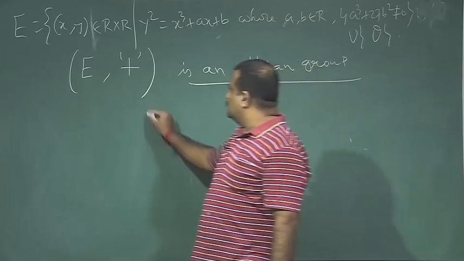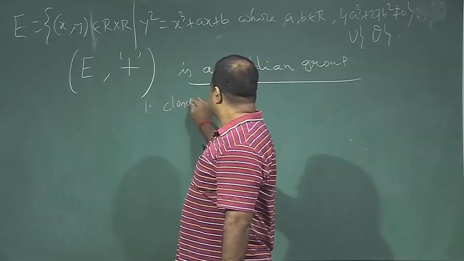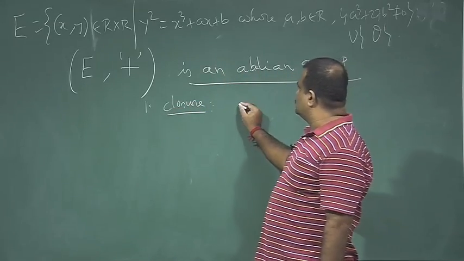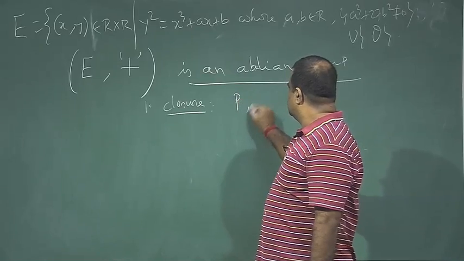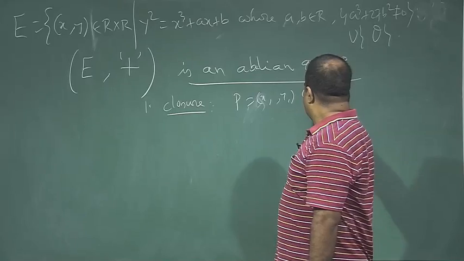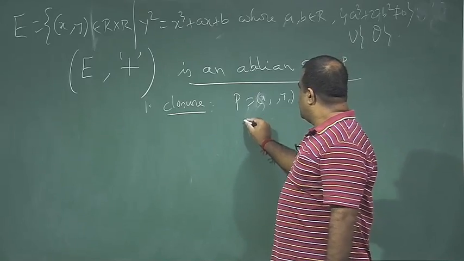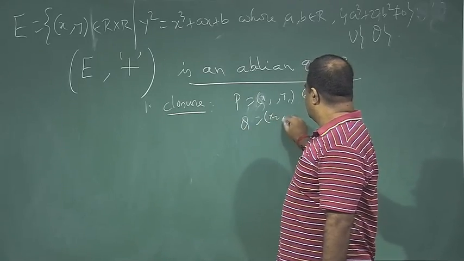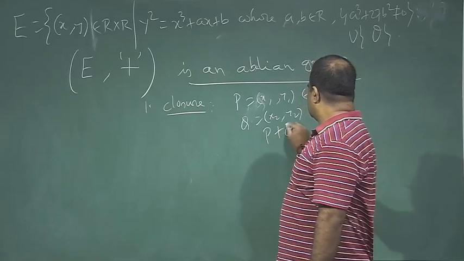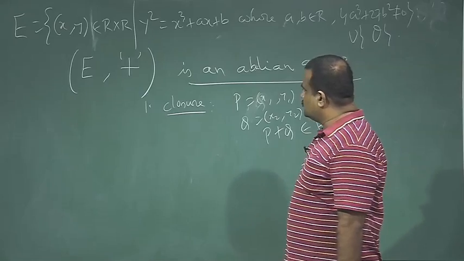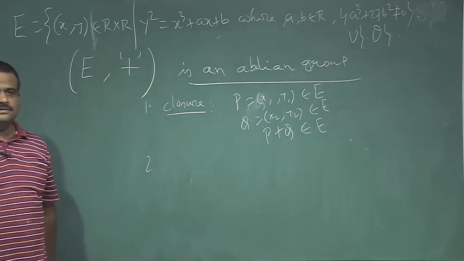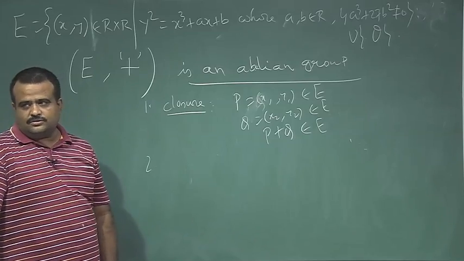for a group we need to have the closure property. Closure property means if you take any 2 points P, Q, so P is equal to (x1, y1) from this set E, and if you take another point (x2, y2) from E, then P plus Q should also belong to E. So, closure property is okay. Now, the second property for a group is associativity.